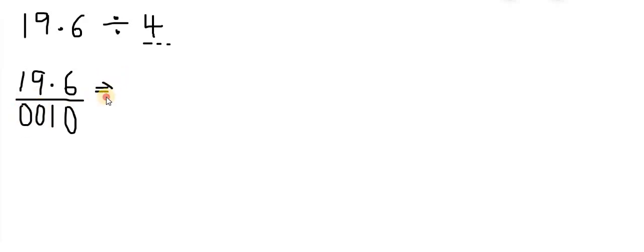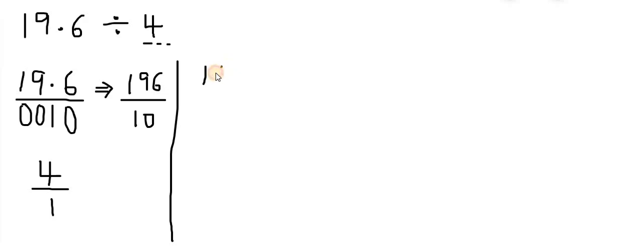So when I drop the point, that's 196 over 10. Now for 4, even though it's not a decimal, we express it as a fraction, which is just 4 over 1. Okay? So now we have 196 over 10 divided by 4 over 1.